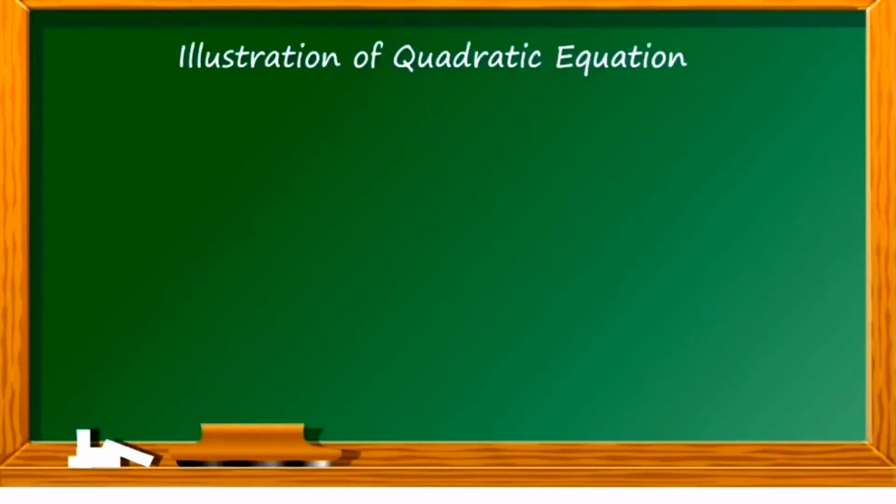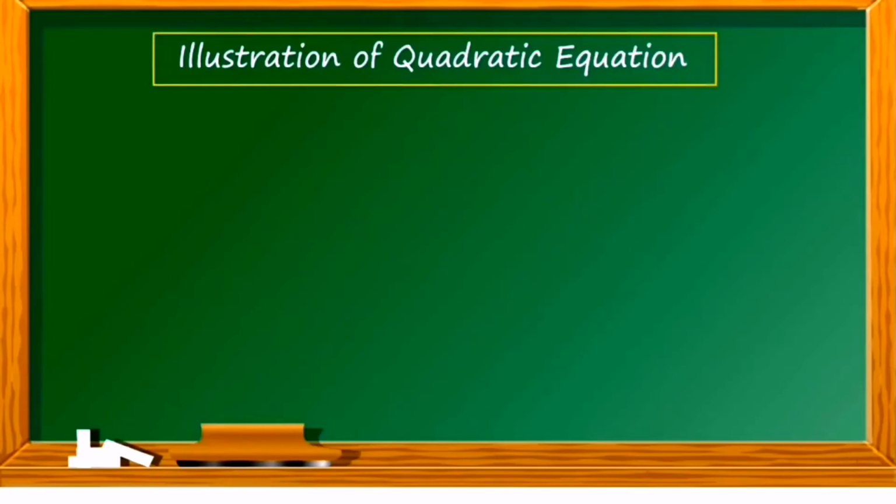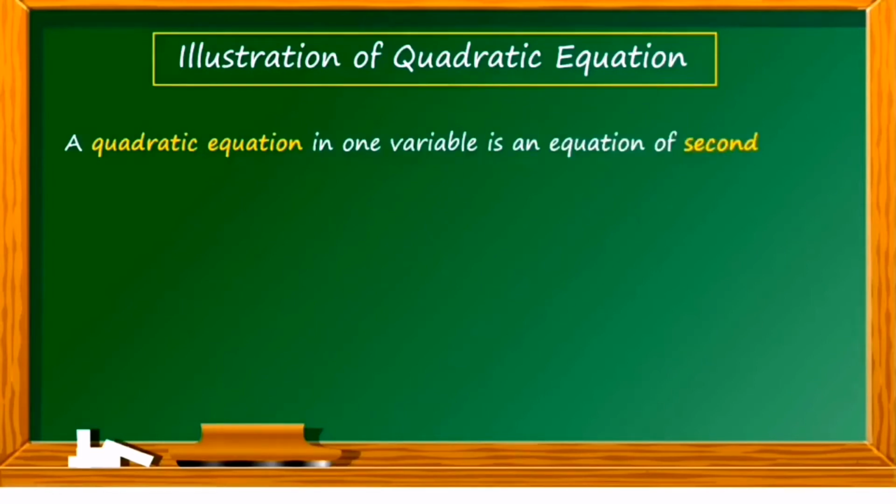Now, let us discuss our main lesson, which is the illustration of quadratic equation. Do you know what is quadratic equation? A quadratic equation in one variable is an equation of second degree.